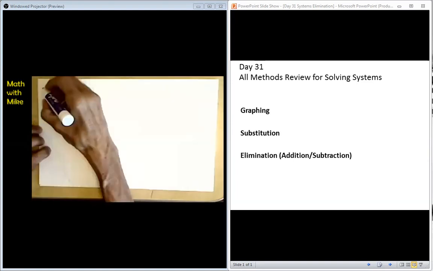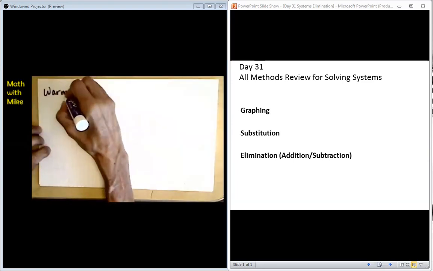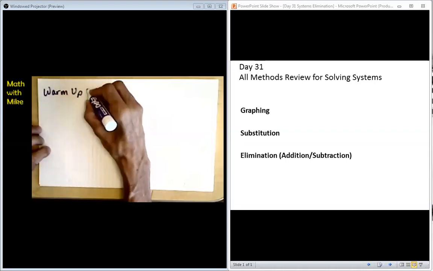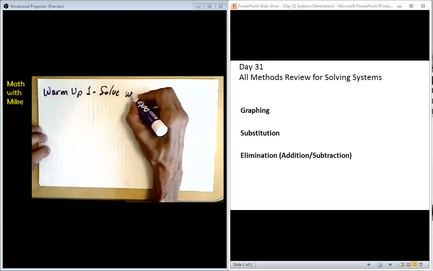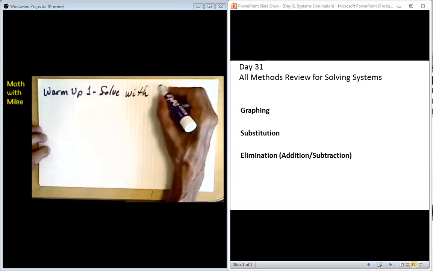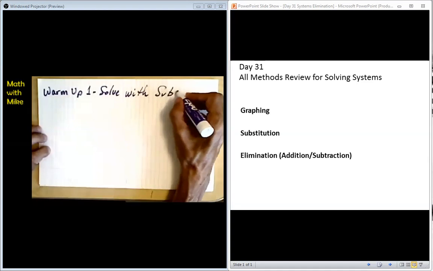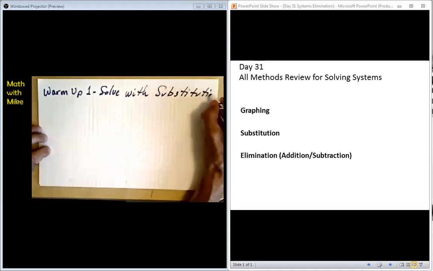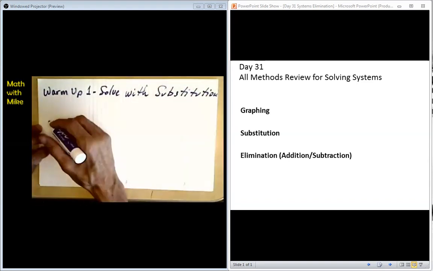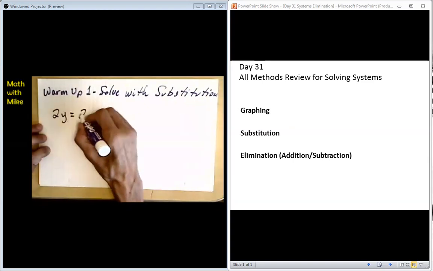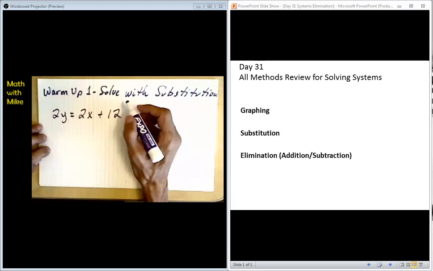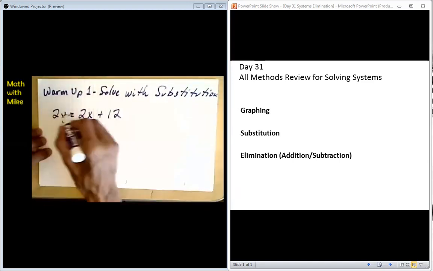Warm-up 1. Solve with substitution. The question you have looks a little like 2y equals 2x plus 12. Oh, that's a lie. I'm going to give you a different one.